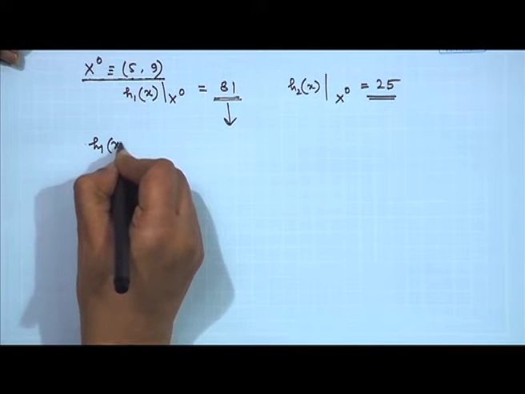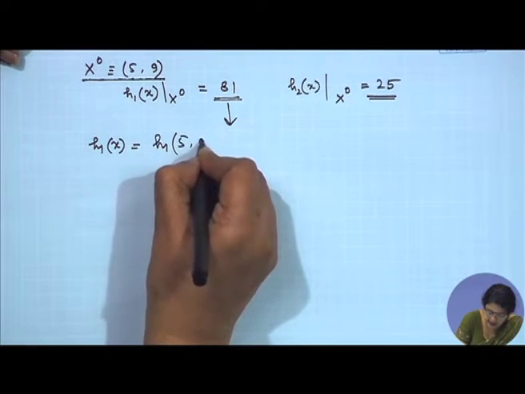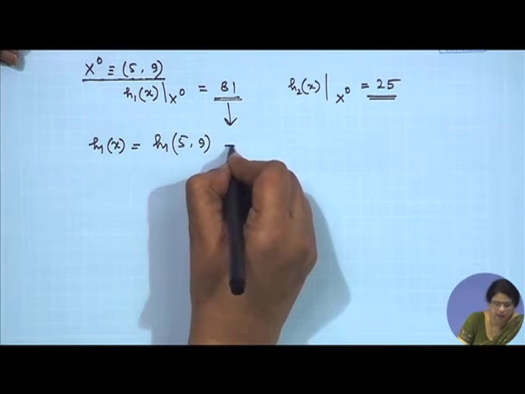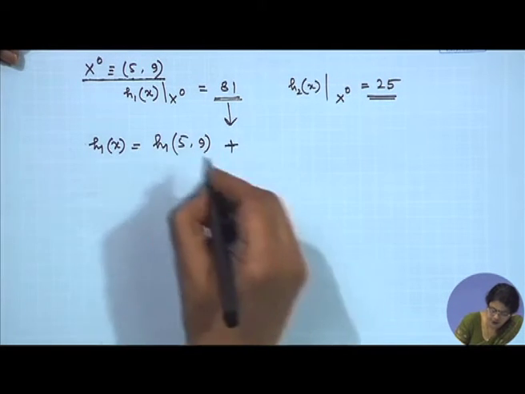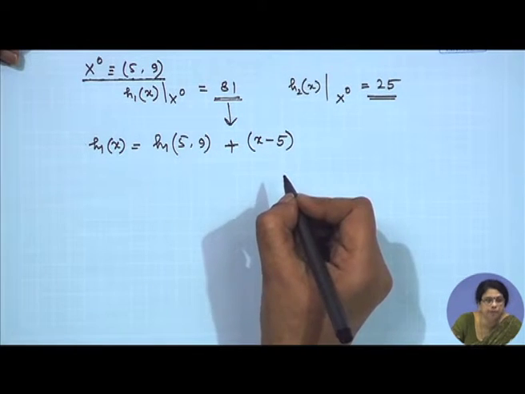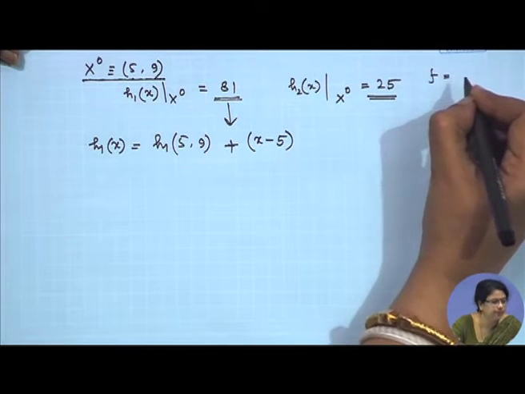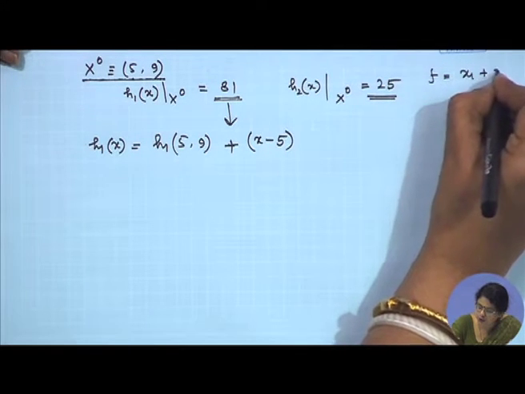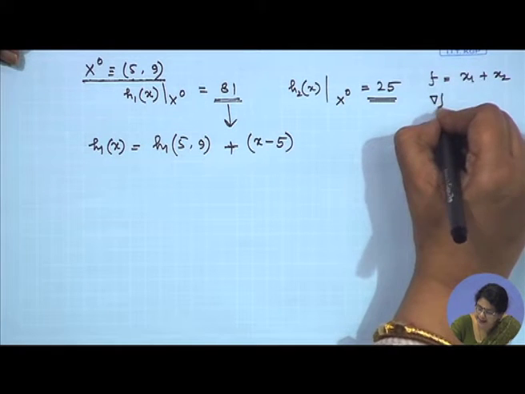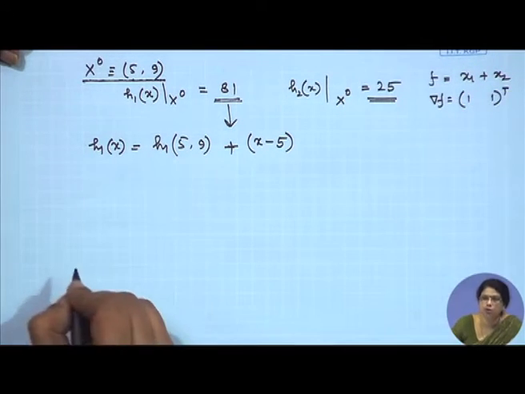I am now expanding h1(x). It will be h1 at (5, 9), that is 81, plus, since this is a function of two variables, (x minus 5) times the gradient. My f function is x1 plus x2, so grad f would be (1, 1) transpose.